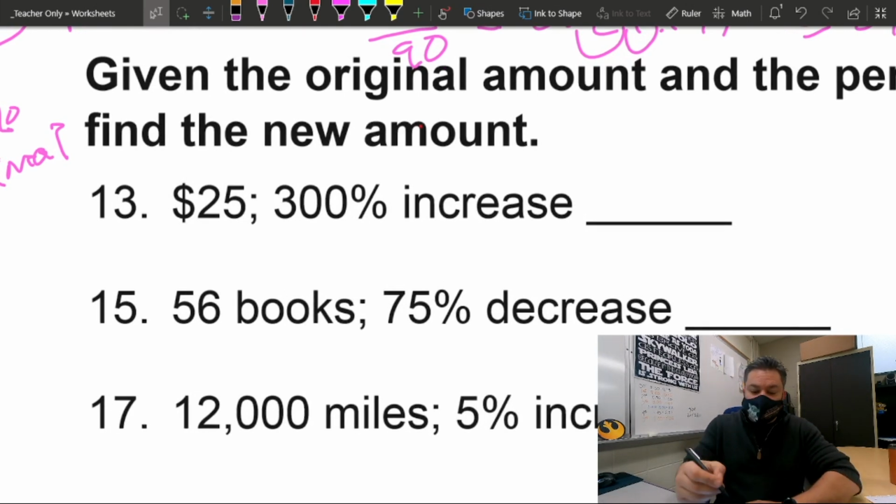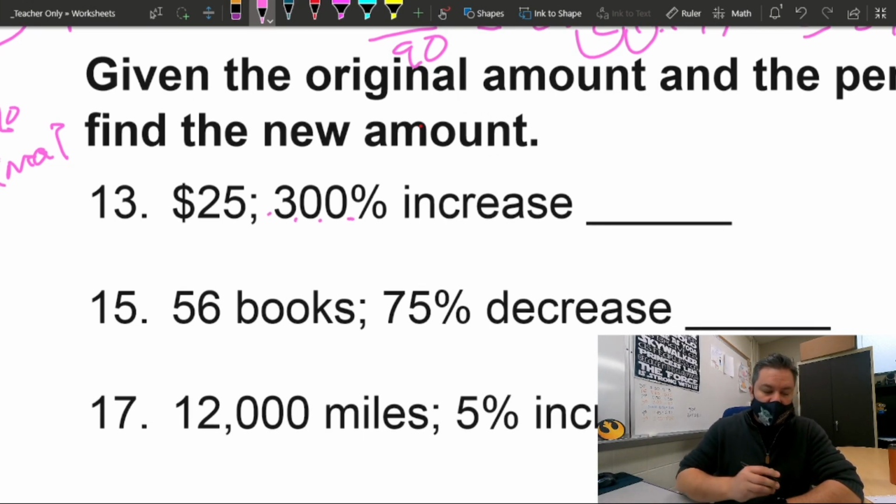Where is my decimal at this point? Is it here? 1, 2, 3, or 4? Where is my decimal place at?